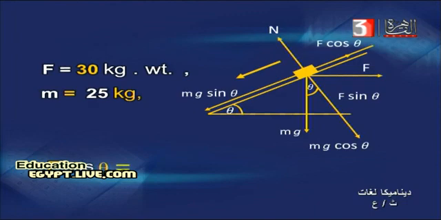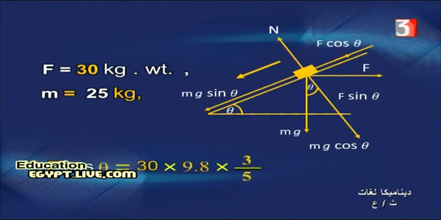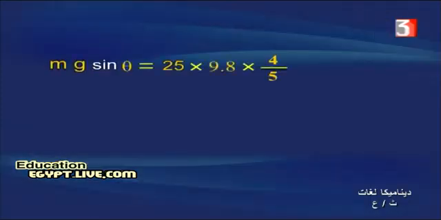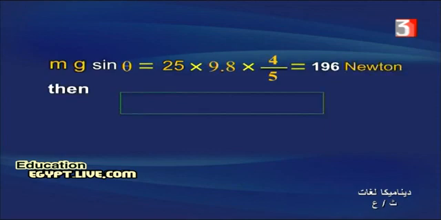Now we have a body moving on a smooth inclined plane, inclined to the horizontal with an angle of measure theta, as shown in the figure. Then the body moves under the action of its weight only. What is the value of its acceleration in this case?